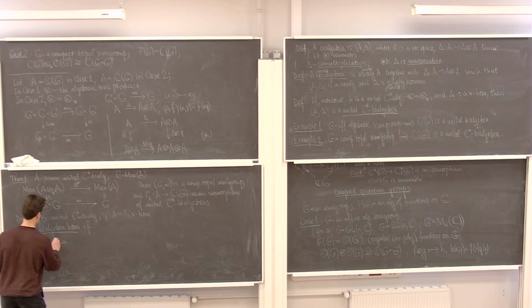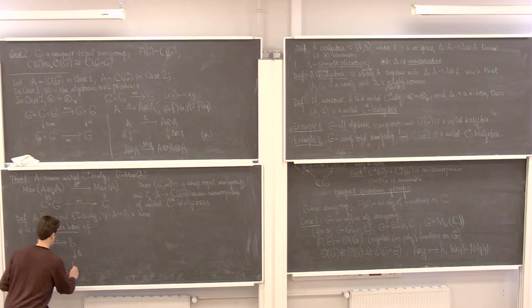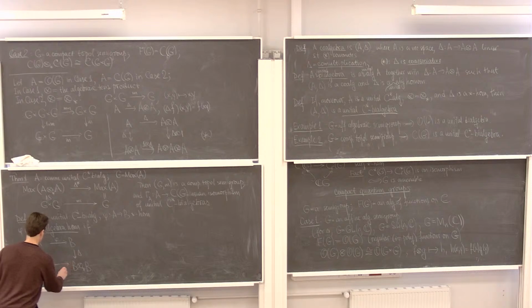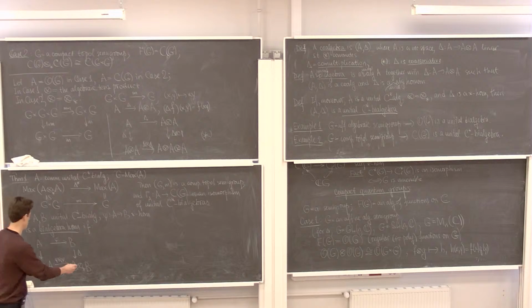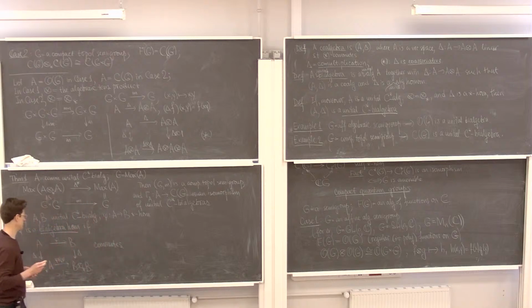So this is phi from A to B, here we have the co-multiplication on A, the co-multiplication on B, and here we have phi tensor phi. So we say that phi is a bialgebra homomorphism if the diagram commutes. This is a rather natural definition of a bialgebra homomorphism.